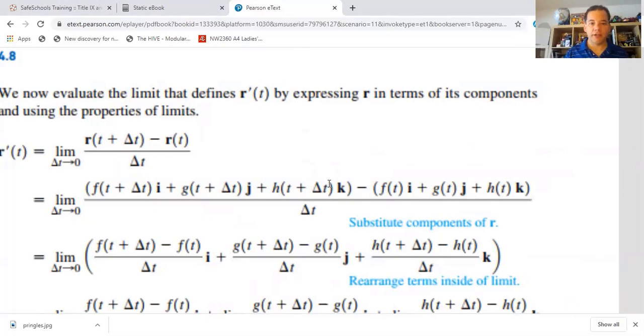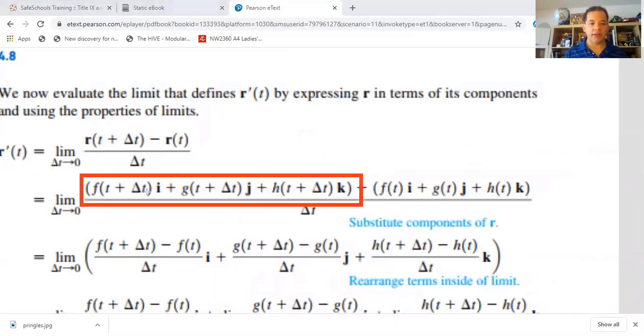This one over here is when we plug in t plus delta t. We have f of t plus delta t, that's the x component. And remember, you can write vectors with commas, the bracket, comma, comma, and then the other bracket, or you could use i, j, and k. It's up to you, and it's the same thing. Here, the book uses i, j, and k.